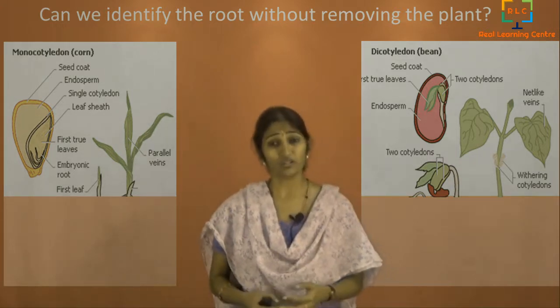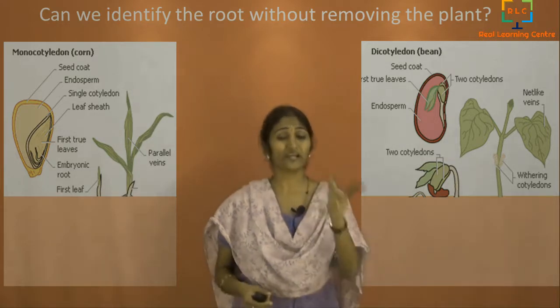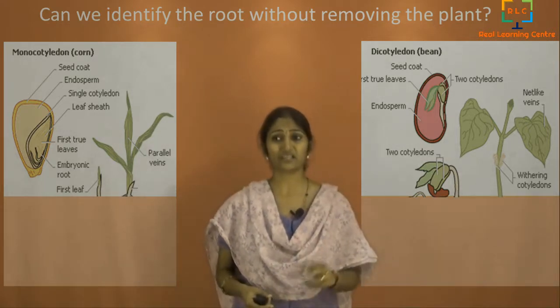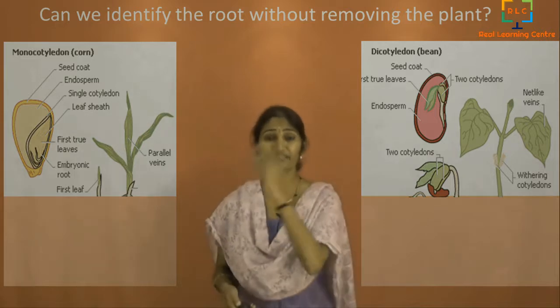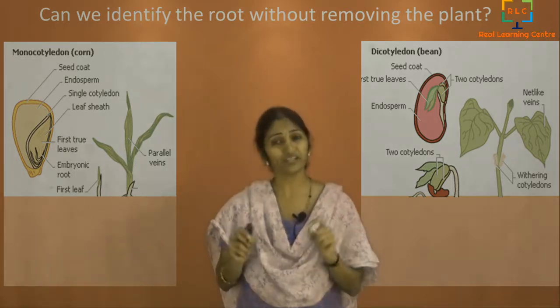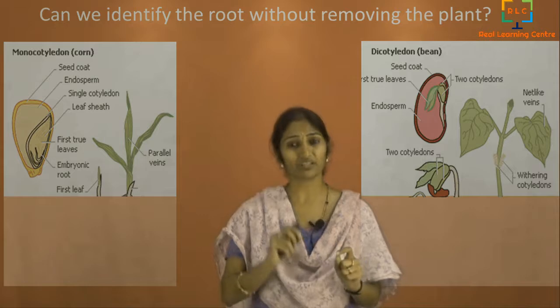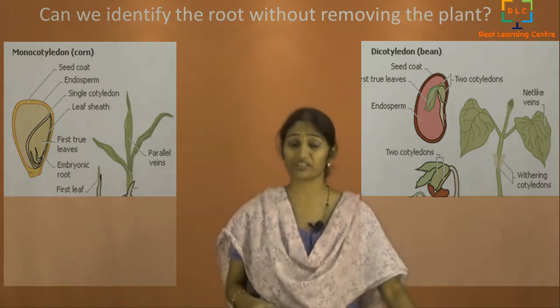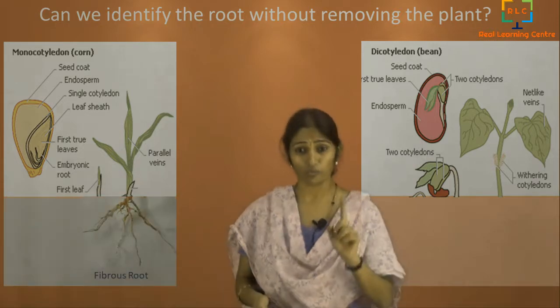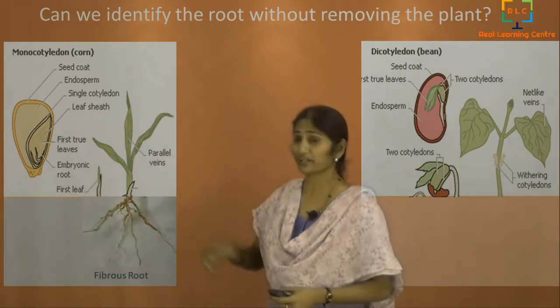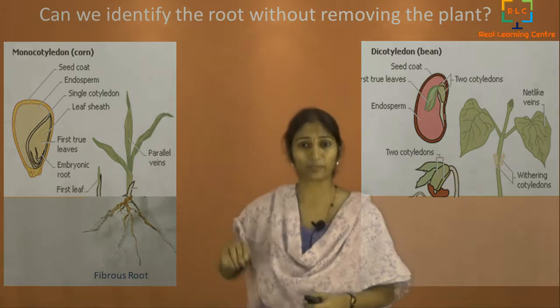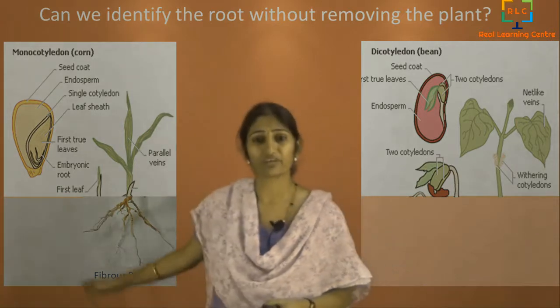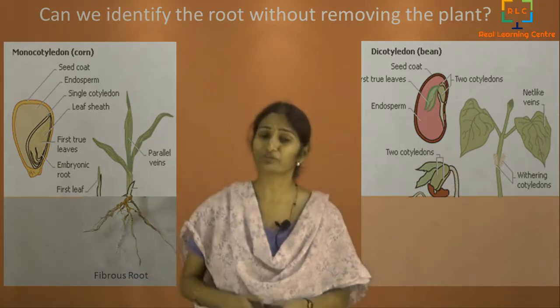Now, just by looking at what kind of seed the plant has and what kind of leaf the plant has, we can very easily tell what root is present beneath the soil. Mostly, if there is a monocot plant, we always associate it with the fibrous root.